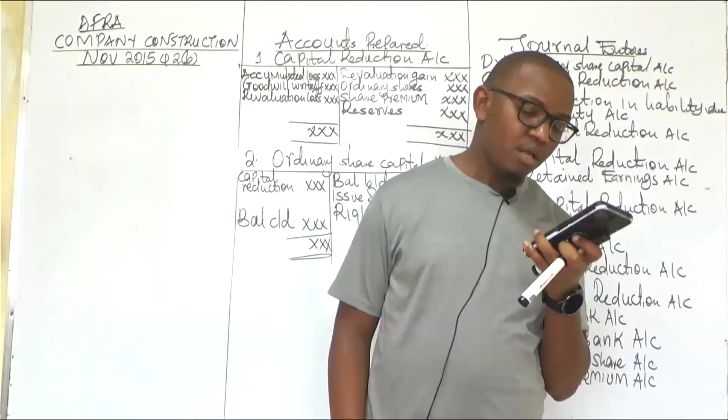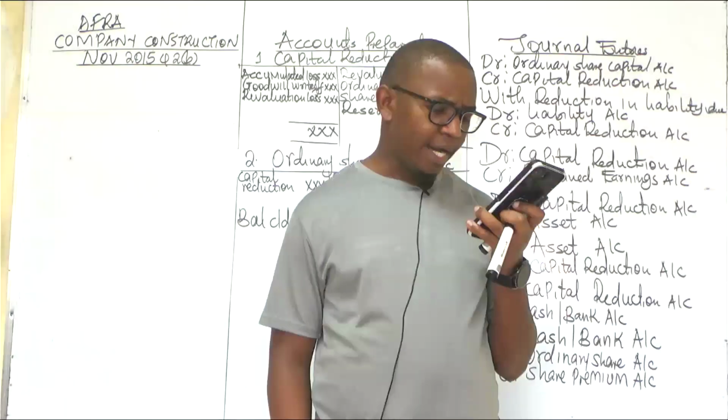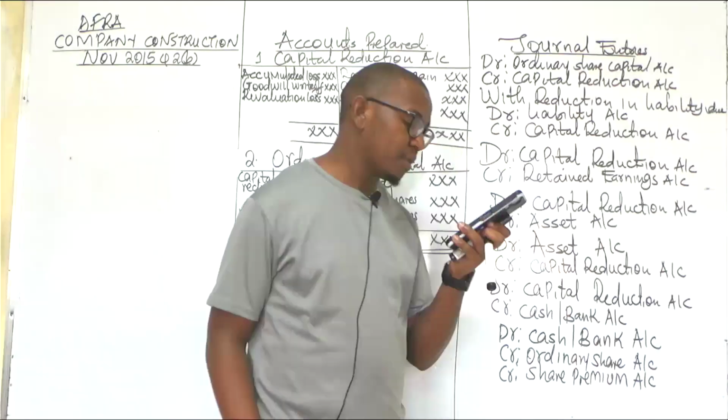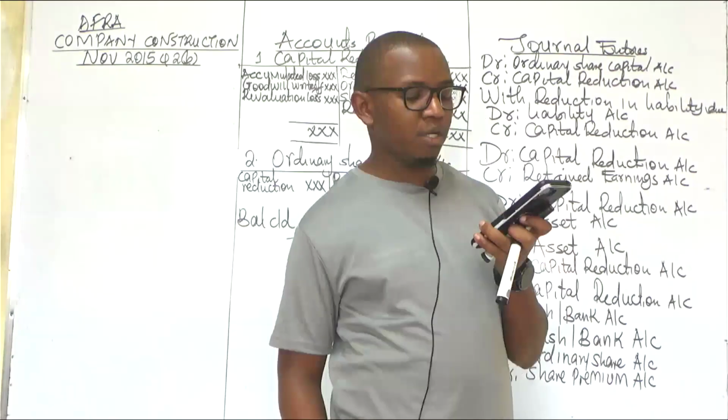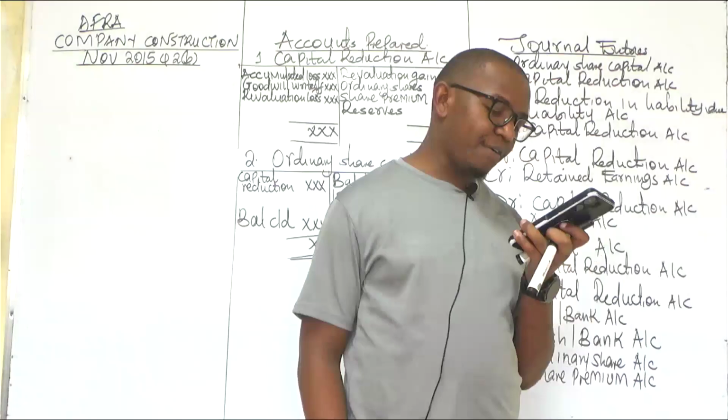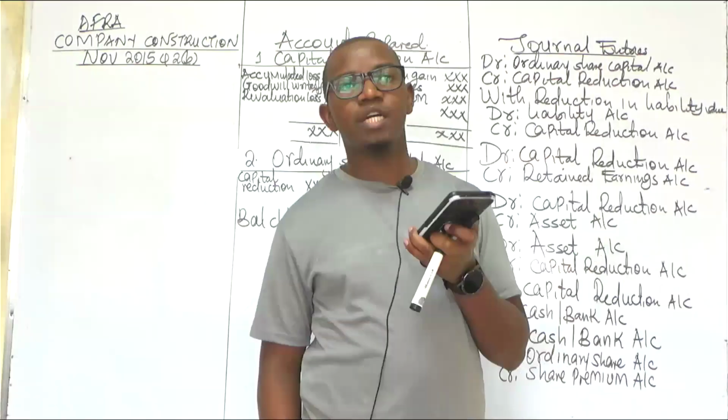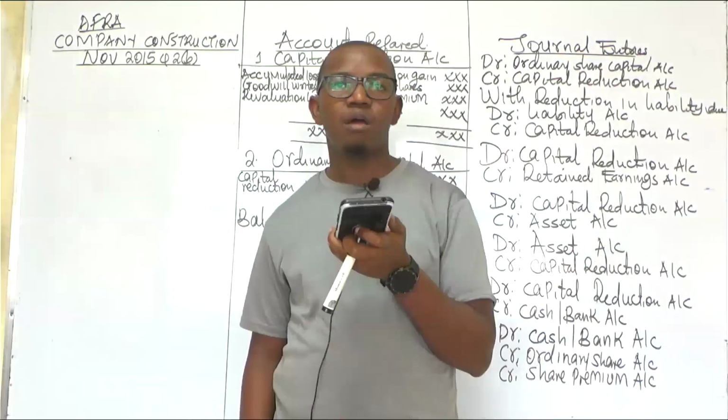The items of the scheme are as follows. Number one, the shares of shillings 10 each are to be written down to shillings 2 per share, and subsequently every 5 shares of shillings 2 will be consolidated into one fully paid share of shillings 10.